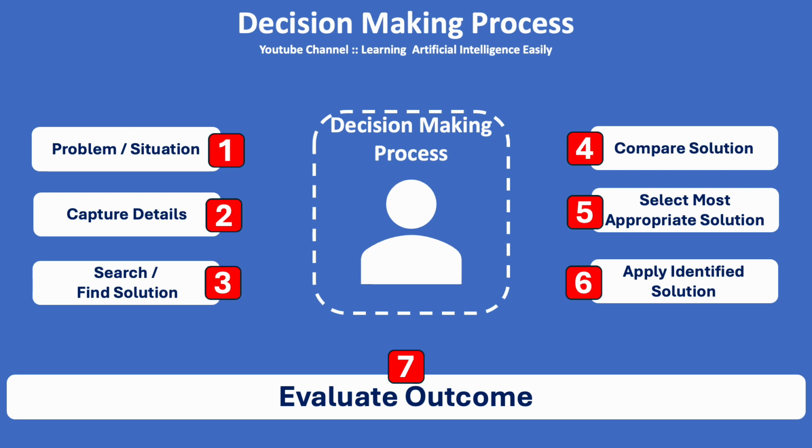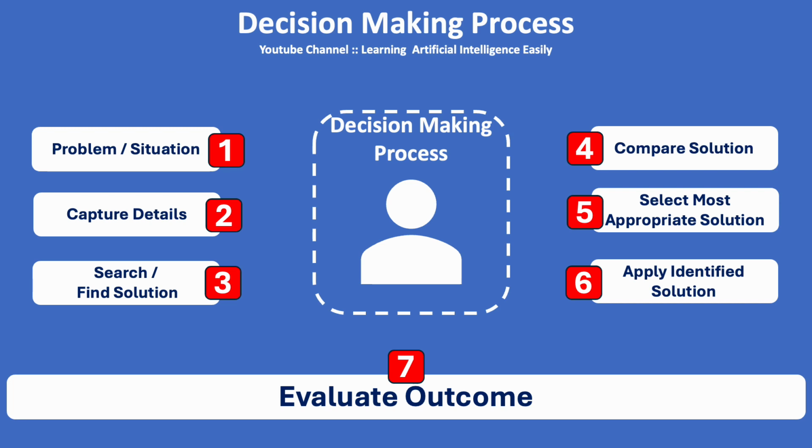Then in step 6 we apply the identified solution, and the 7th step, which is the most important step, is where we evaluate the overall outcome using our decision making process, to see whether or not we have achieved the desired solution or outcome.